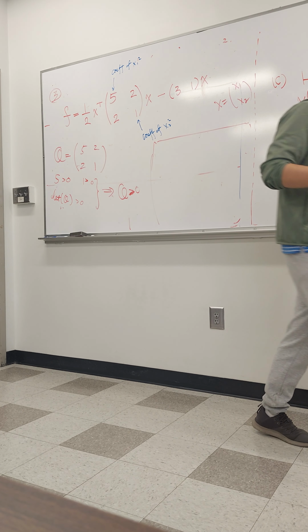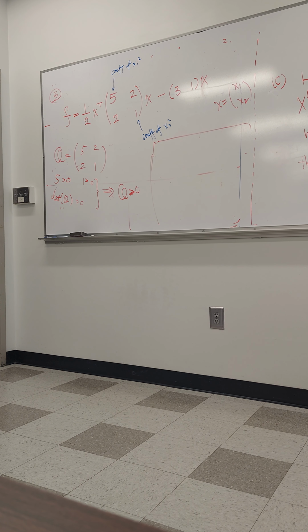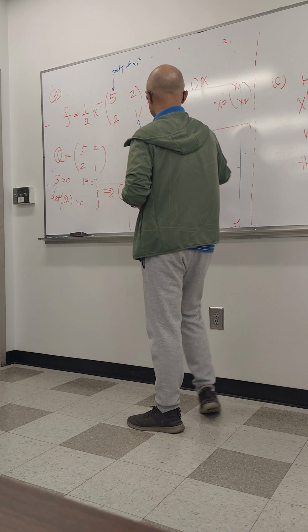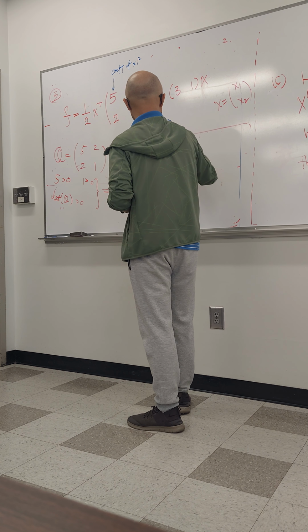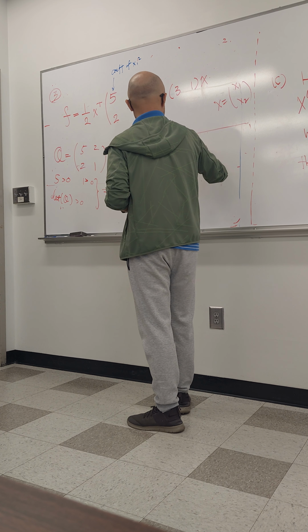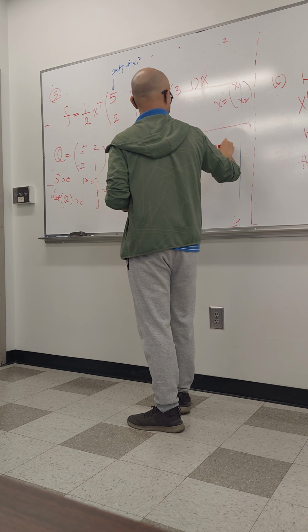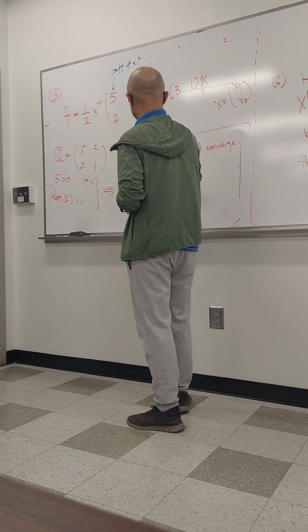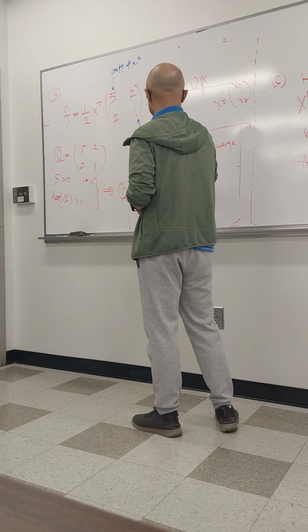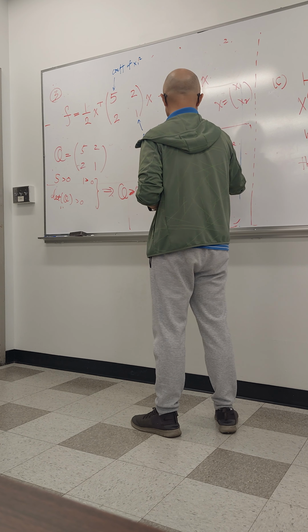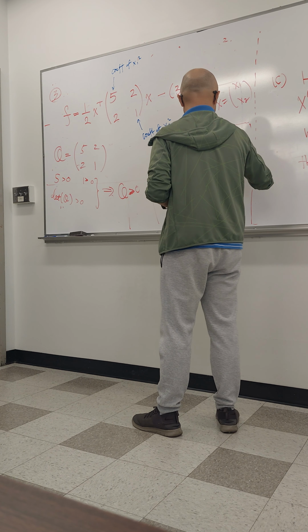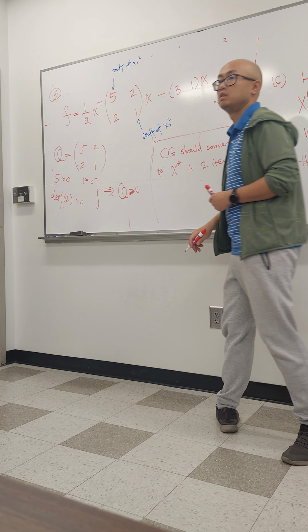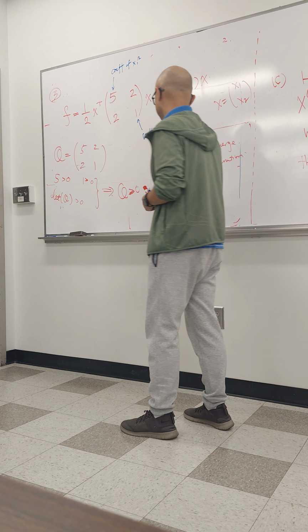When we enlarge this subspace to dimension 2 in the second iteration, it's like we solved the global minimizer problem. So CG should converge to x star in 2 iterations at most.